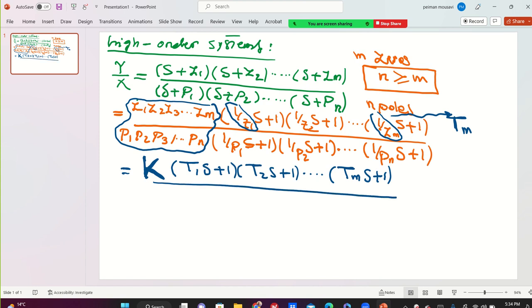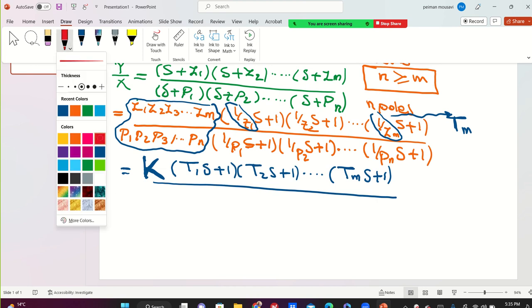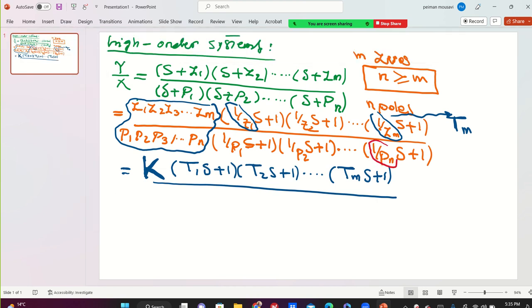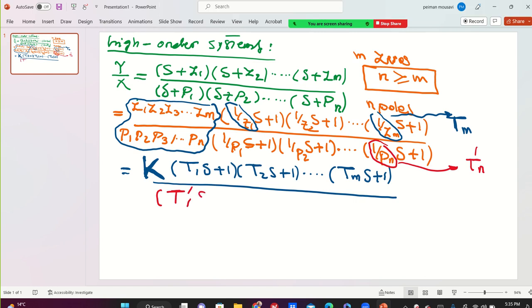And the denominator, I'm gonna call this T prime. So this is gonna be T prime 1, T prime 2, T prime 1s, T prime 2s, and this is gonna be T prime n s plus 1.